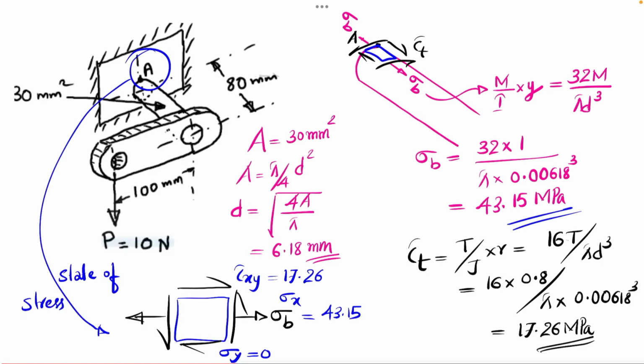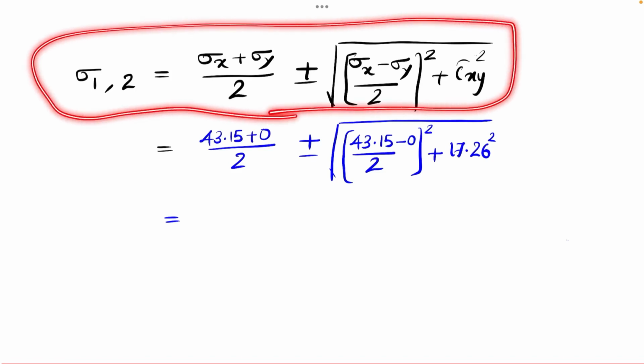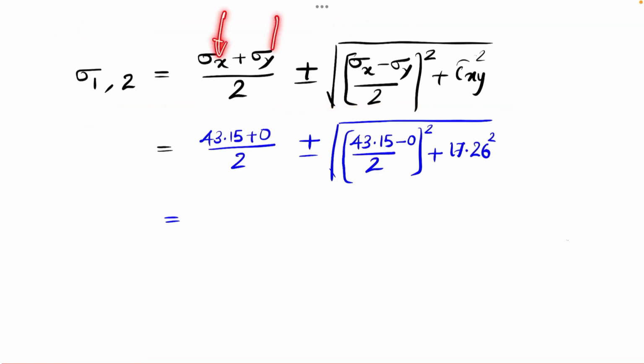So next we will be evaluating the principal stresses. Here we have the expression for evaluating the principal stresses. Already we have seen it in many problems. Here we will be substituting the values of sigma x, sigma y is 0, and this tau xy.